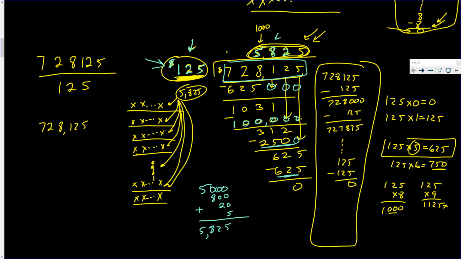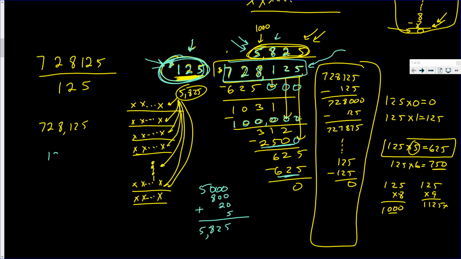So if you went to the bank with a check for $728,125, or you went in with that number of singles, or you had pennies, I don't care what it is, but it added up to $728,125. And you said, can you please give me those new $125 bills? That's how many bills they'll give you.